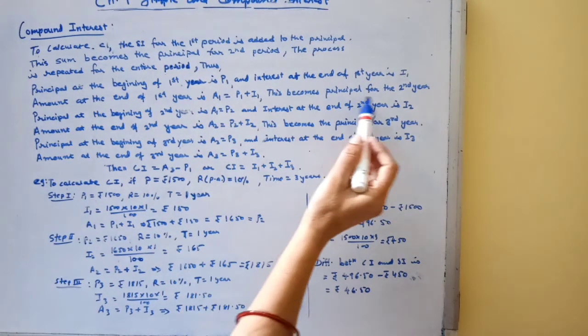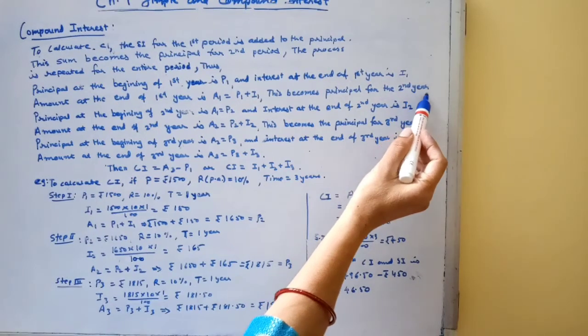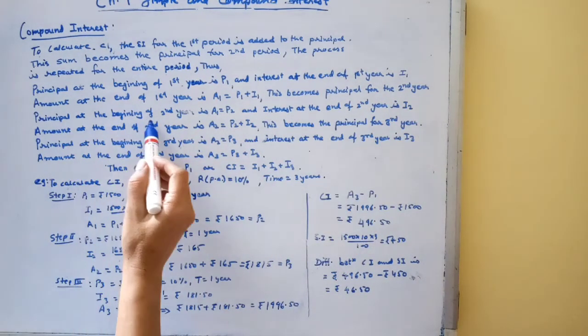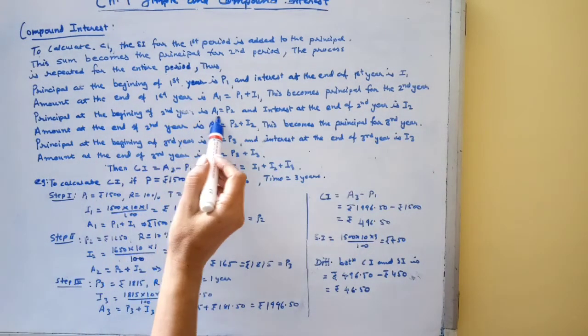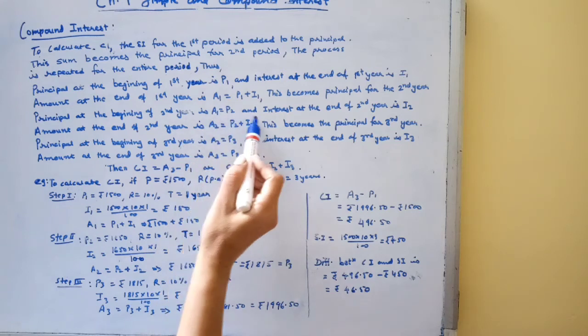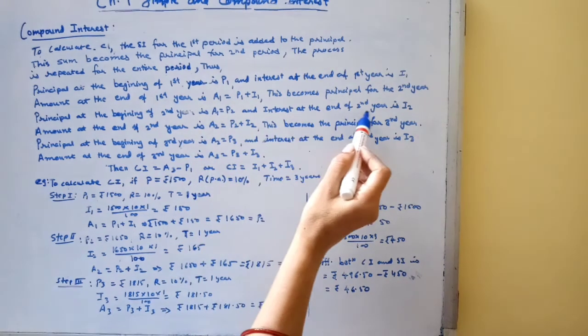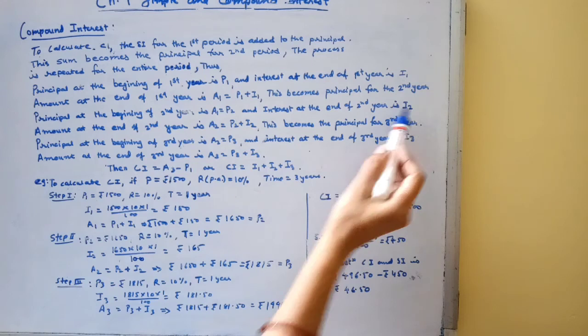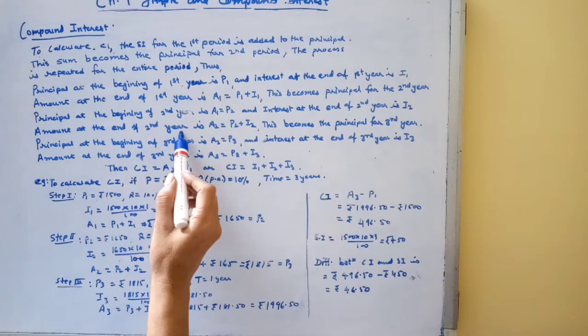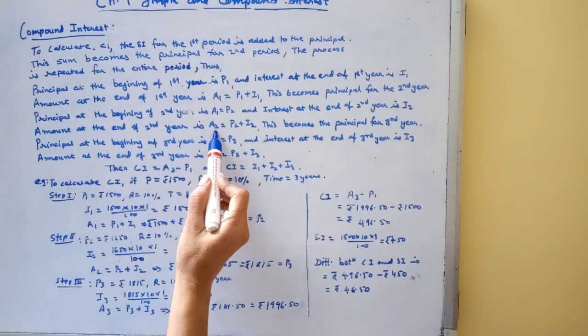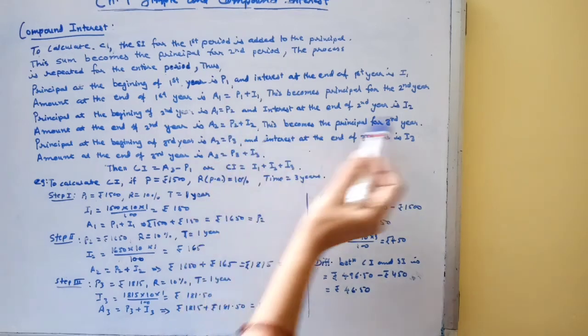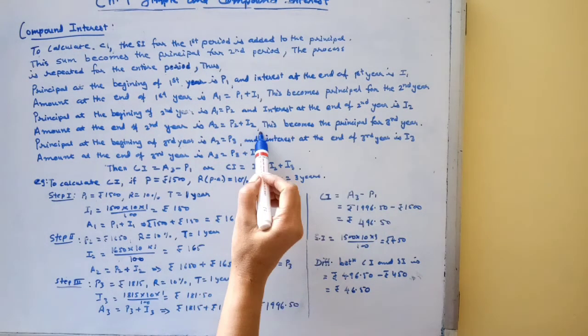This becomes the principal for the second year, that is P2. Now the principal at the beginning of the second year is A1, equal to P2, and the interest at the end of the second year is I2. Then the amount at the end of the second year, A2, is principal 2 plus interest 2, P2 plus I2.